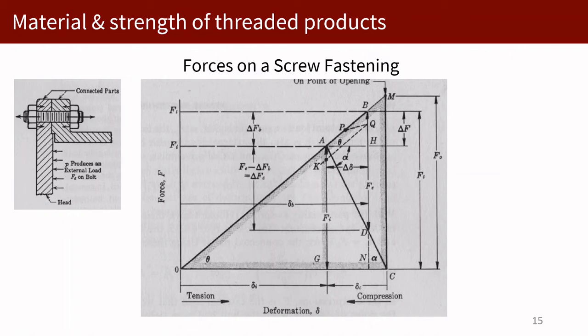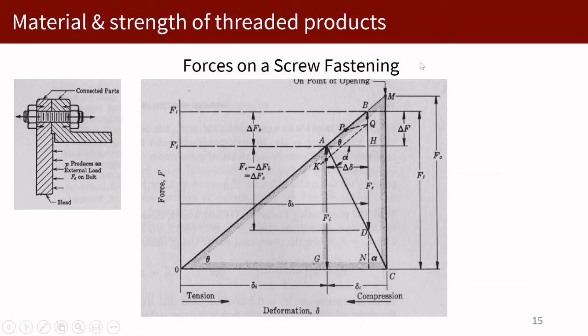Then the nut is the tightening member nga gamiton at the other end sa atong bolt. Okay, so let's understand kung unsa ang relation sa force nga i-apply sa pag-tighten hantod sa opening niya in relation sa iyang deformation.